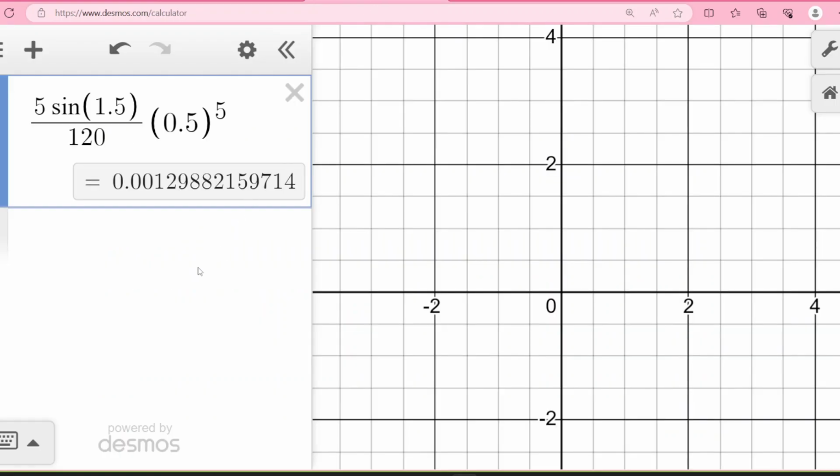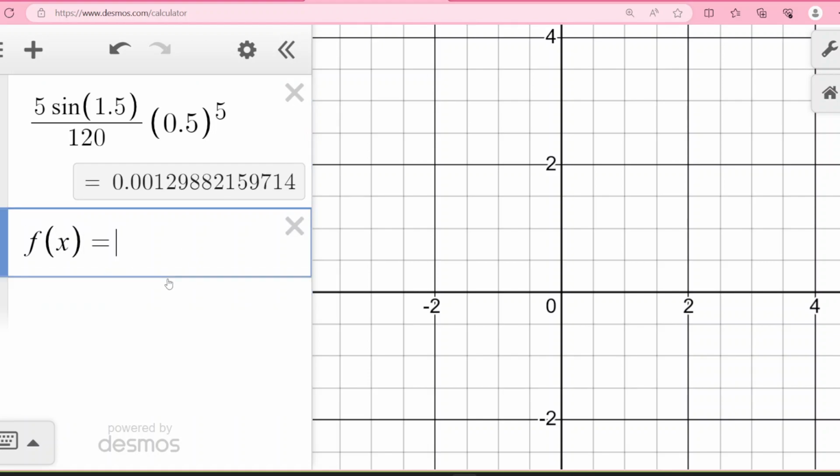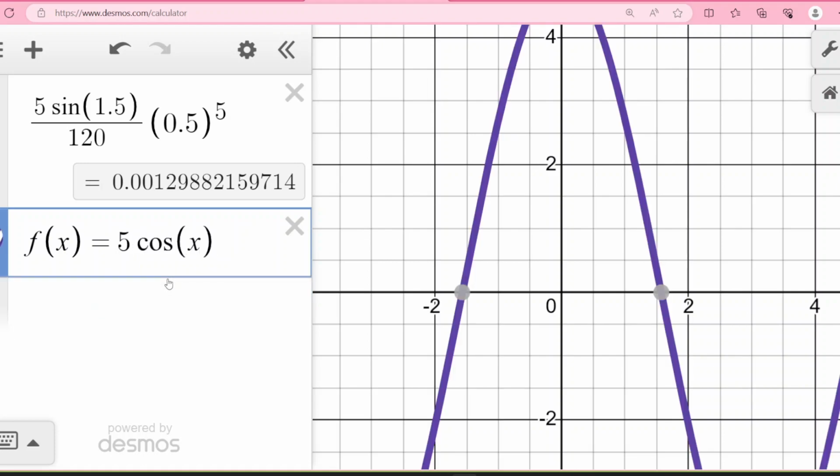All right, so I'm going to do this here. Our function, again, was 5 cosine of x.